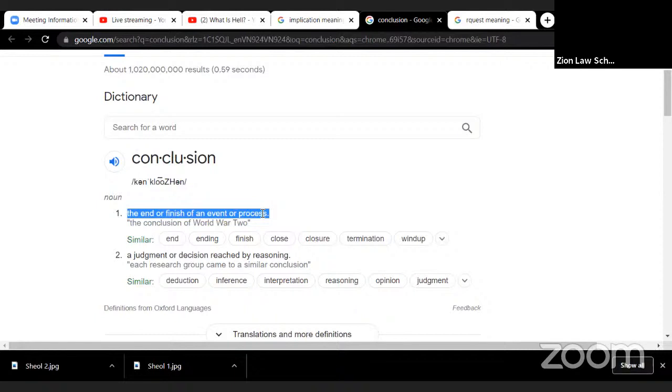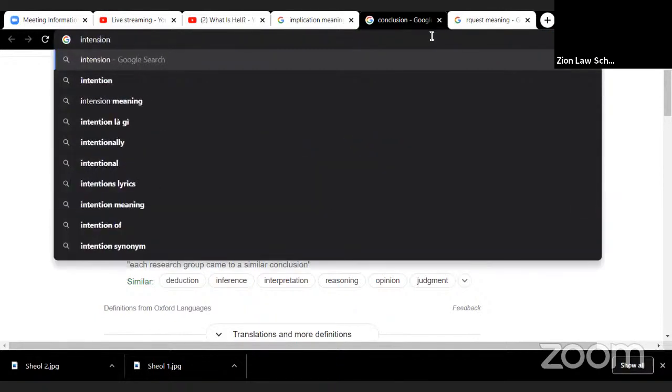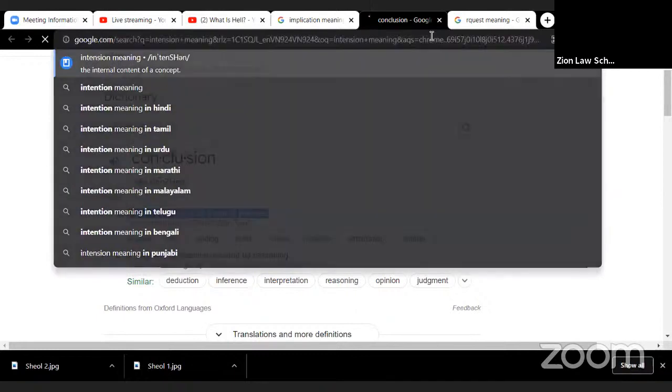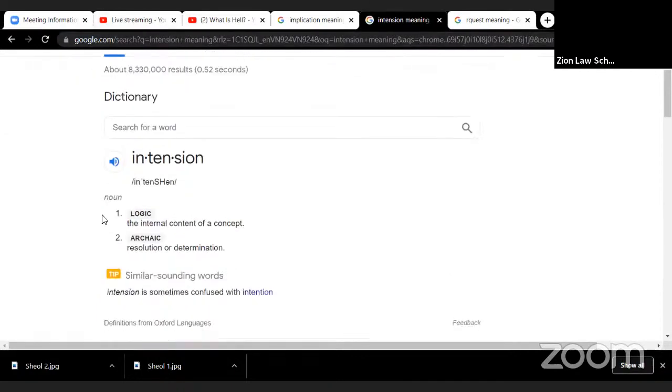Okay. Now, by extension, to demand. So now let's look up extension, okay? So when we do this, we always have to check for not only the precise meaning, but do we agree with the reasoning? Is it reasonable? Is it logical, right? Extension.